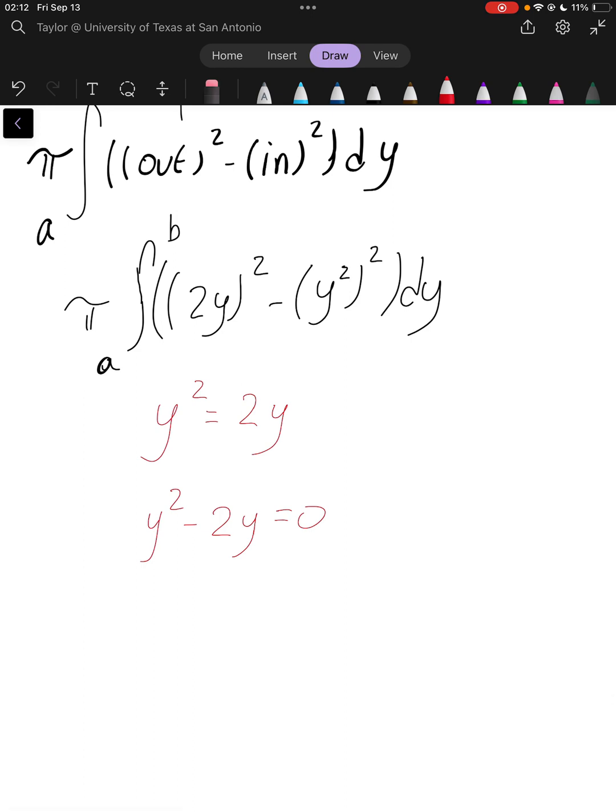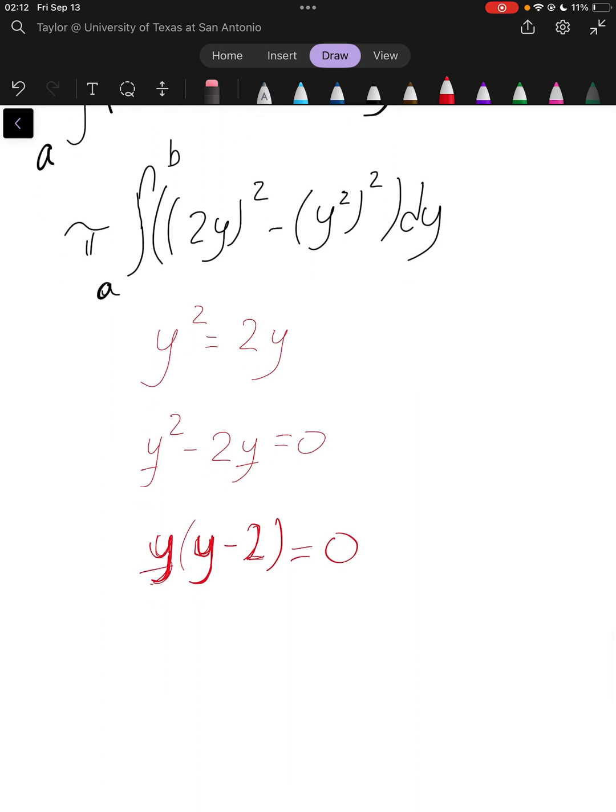I'm going to pull out a y from here and from here, so that I get y times (y minus, sorry guys, 2) equals 0, and we get 0 and 2. We get 0 and 2.